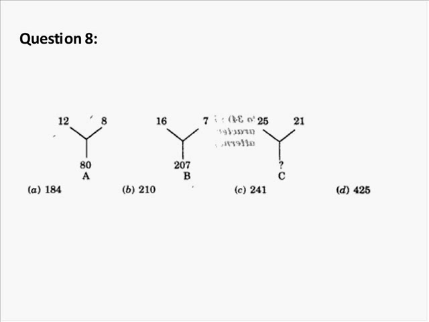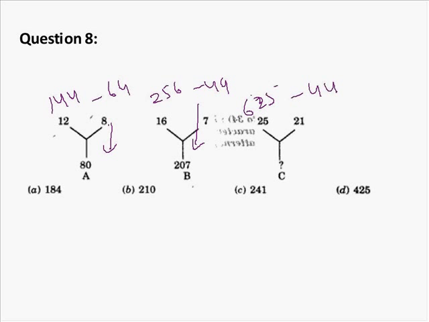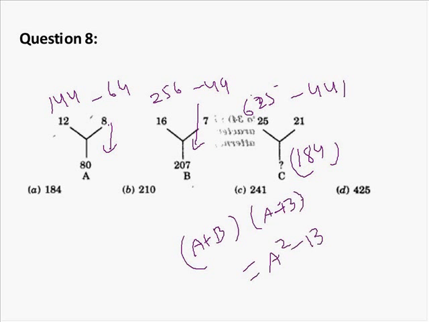The simple thing, 12 square is 144, minus 64 is 80. 256 minus 49, and this is 625 minus 441, this comes to 184. Very good, but the same thing is (A plus B) into (A minus B), which is nothing but A square minus B square. Okay.